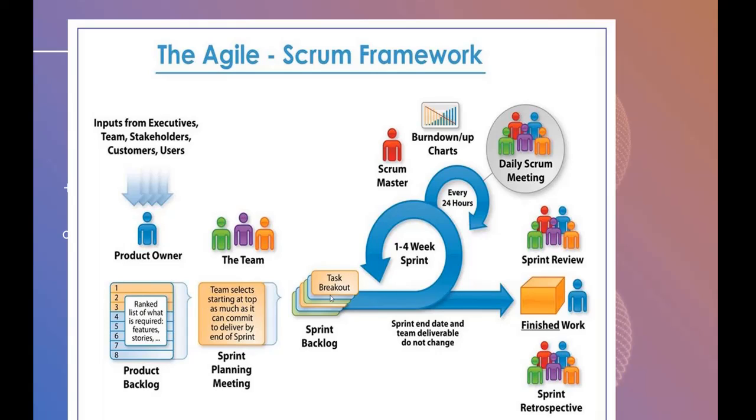After some time they realize that they cannot complete 30 points. They can complete only 20 points, and the rest of the 10 points they need to adjust again. Is this a good plan? It's not a good plan, right? So the Scrum Master needs to understand the team velocity, how much they can achieve, right?